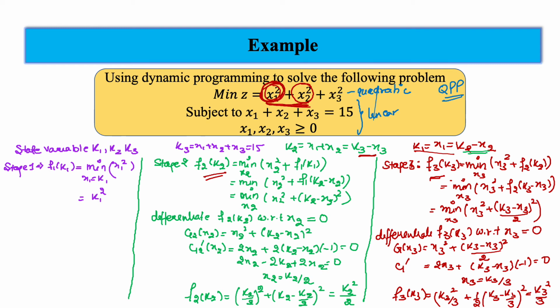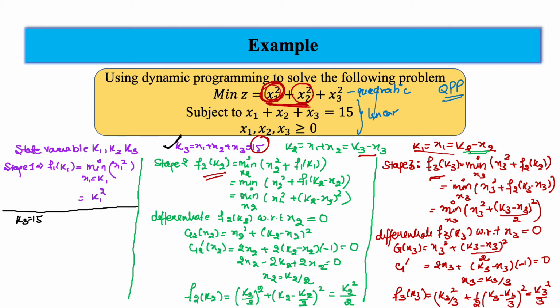So what is k3? This is the minimization value of the entire objective function. Now what is k3? k3 is simply 15, from this equation.